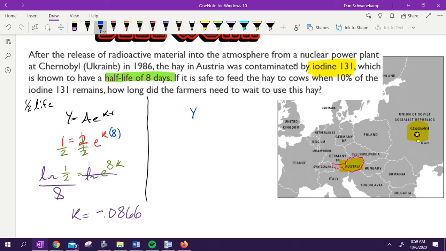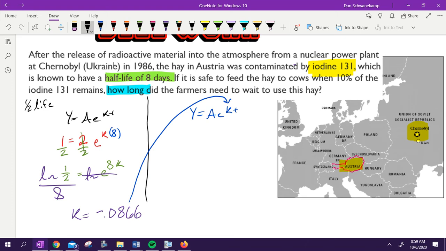There's our first formula. Now we're going to plug back in. Y equals A e^(kt). Kara, what can I plug in this time? We can plug in k. Yep, we can take that k and plug it in. What else? Not this time, because that was our half-life. We're trying to figure out how long. So that's the ultimate goal here, is to figure out how long.